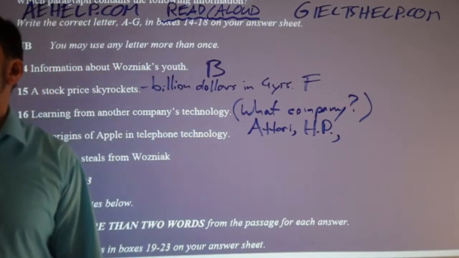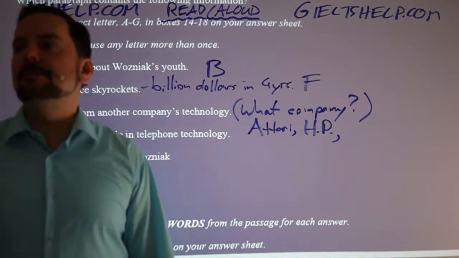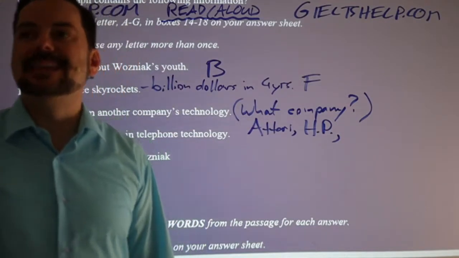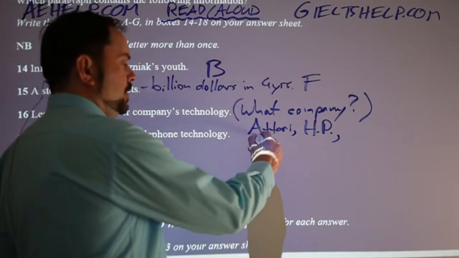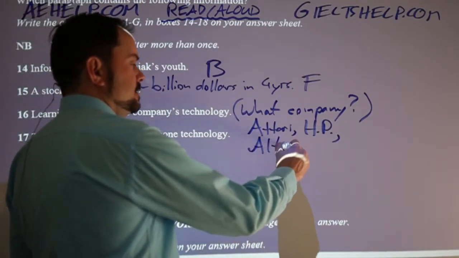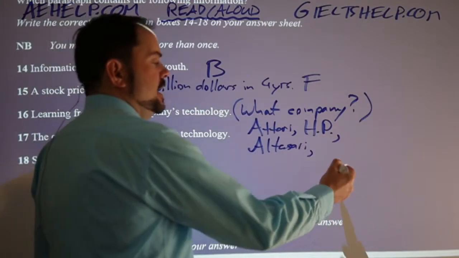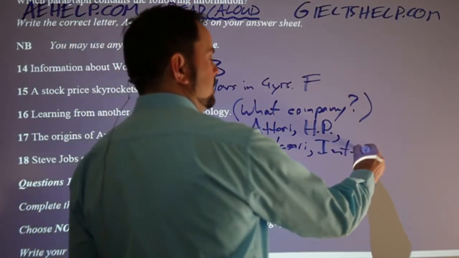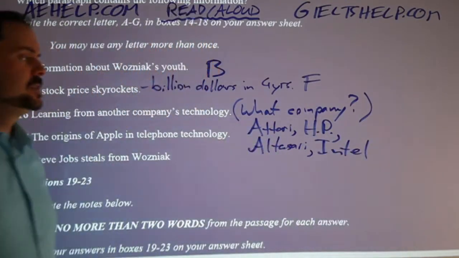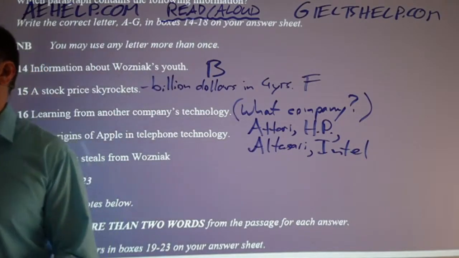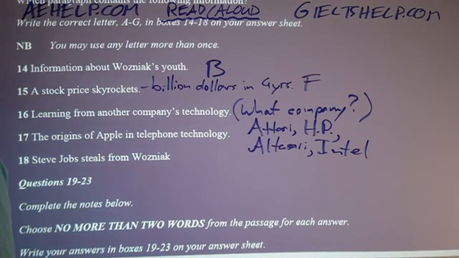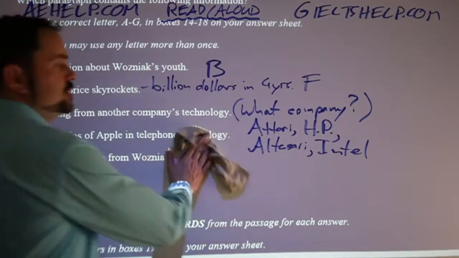What else? Paula Reese says the company of the do-it-yourself kit. Yeah, I think it was called Altasari, something like that. And there was also Intel. Okay, so those were the different companies that kind of popped up, right? Altasari, Intel. So those are the ones I want to look for.